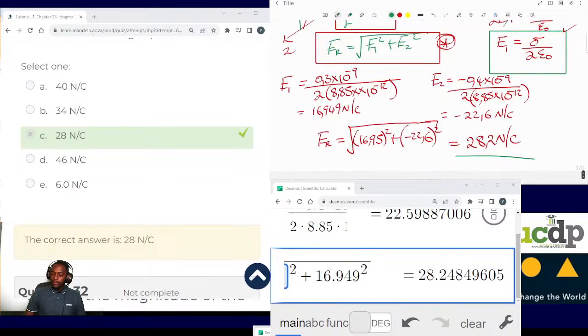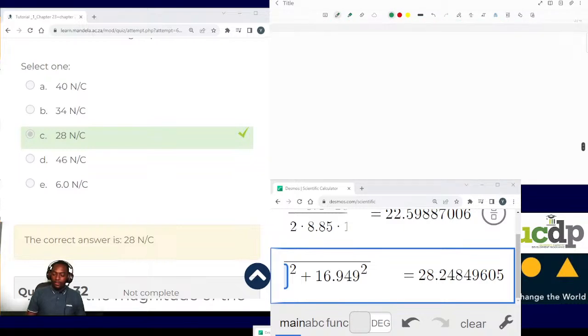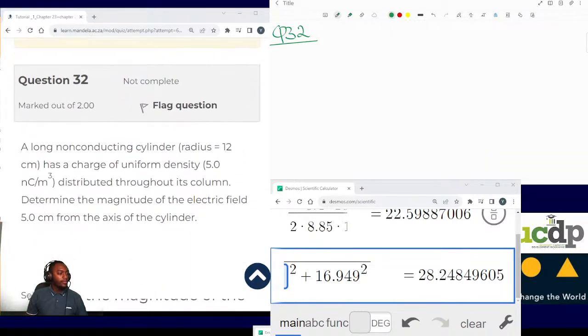All right, so let's move on to question 32.